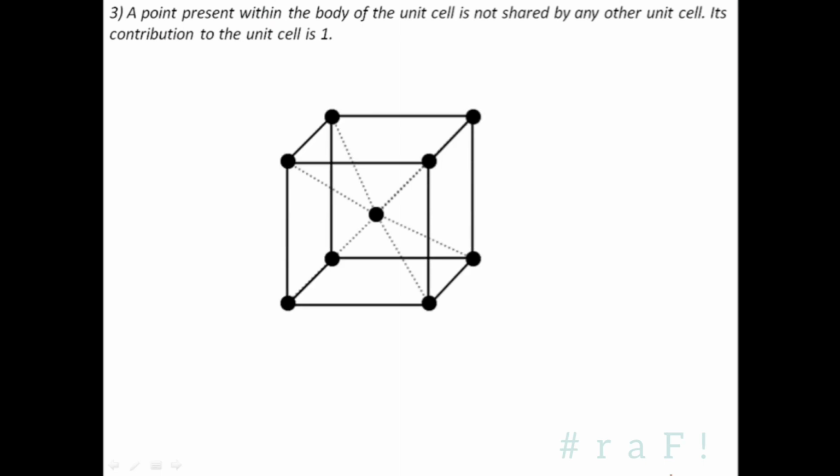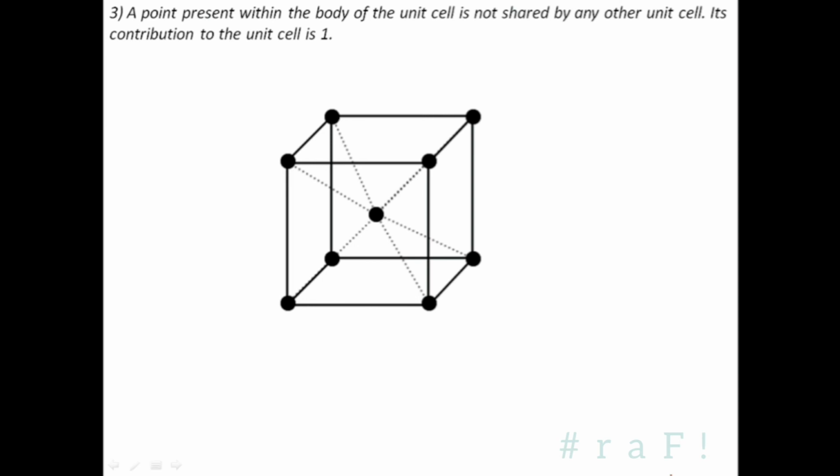Next, a point present within the body of the unit cell is not shared by any other unit cell. Its contribution to the unit cell is 1. See this figure. This is a body centered cubic unit cell.